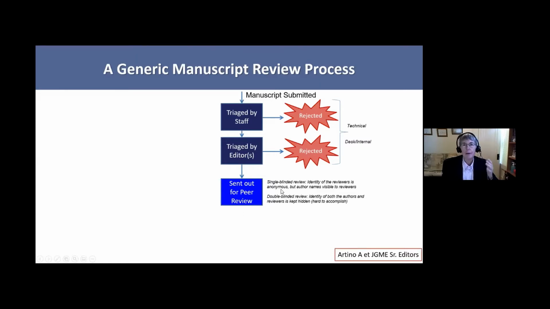And that varies by journal and its philosophy. Some of the journals are single blind reviews, where the identity of the reviewer is anonymous, but the author's names are visible to the reviewers, or it could be double blinded, so both the reviewers and the identity of the authors are hidden.